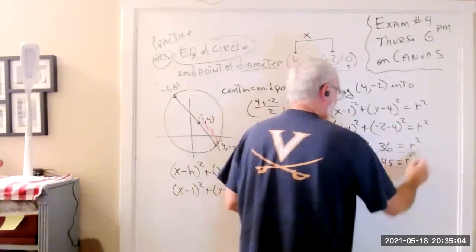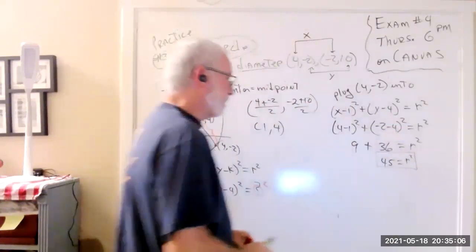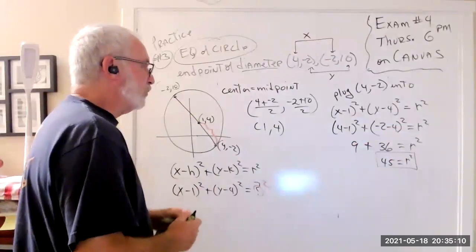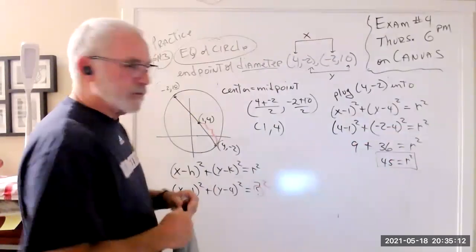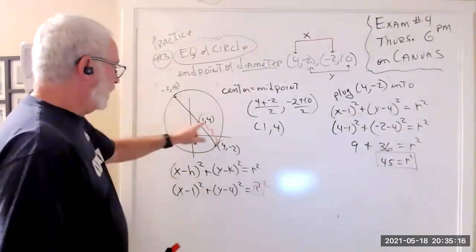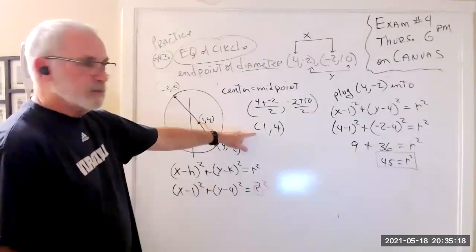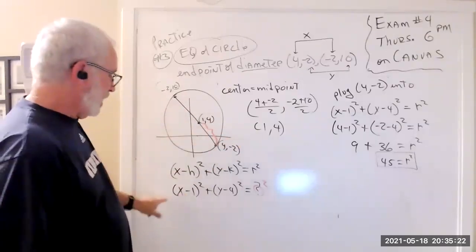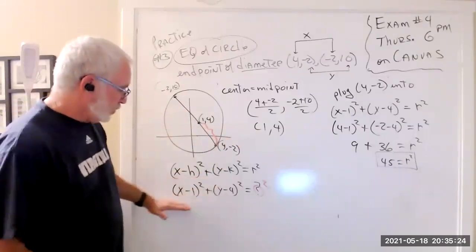Now, hang on a minute. First off, do you understand the math I just did? Do you understand first how I got the center? It's the midpoint of the diameter. And that meant my equation got to here.